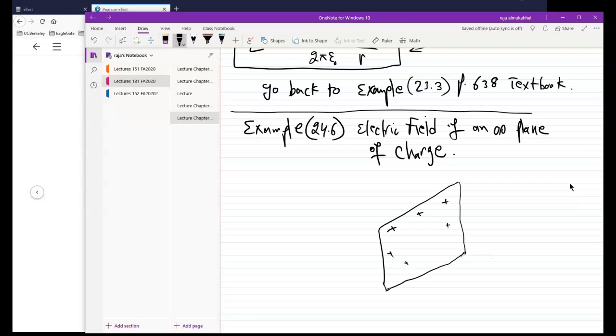You imagine you have a cylinder. In older books, they call it a pillbox. Imagine you have a cylinder that is coming out of it like that. I'll try to draw it. Here is a cylinder coming out of the surface of this infinite sheet, and it's coming from both sides. So it goes on the other side of the sheet like that. Okay?